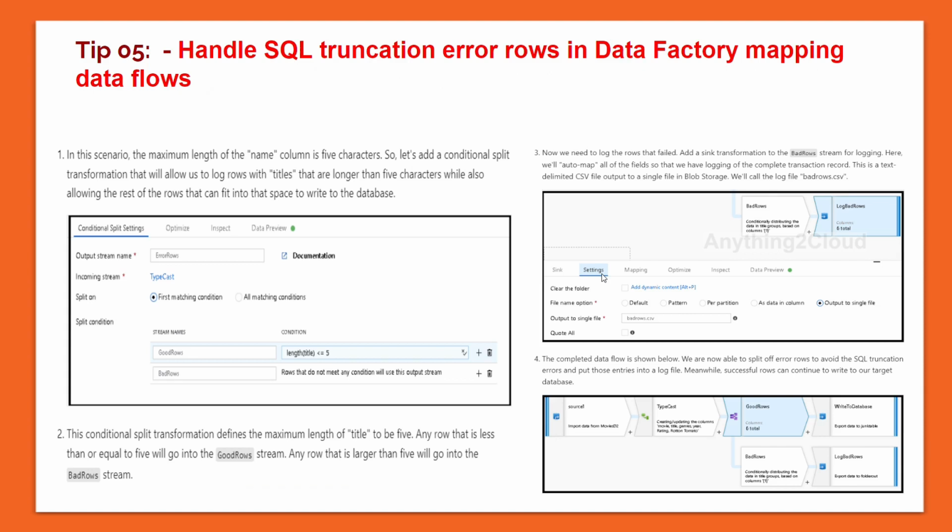The good rows go into the database. For the bad rows we can add a sink, which in turn can put that data into a storage account, and in the sink output you can mention the file name here. In this way you can capture the SQL truncation error by using the conditional split method.